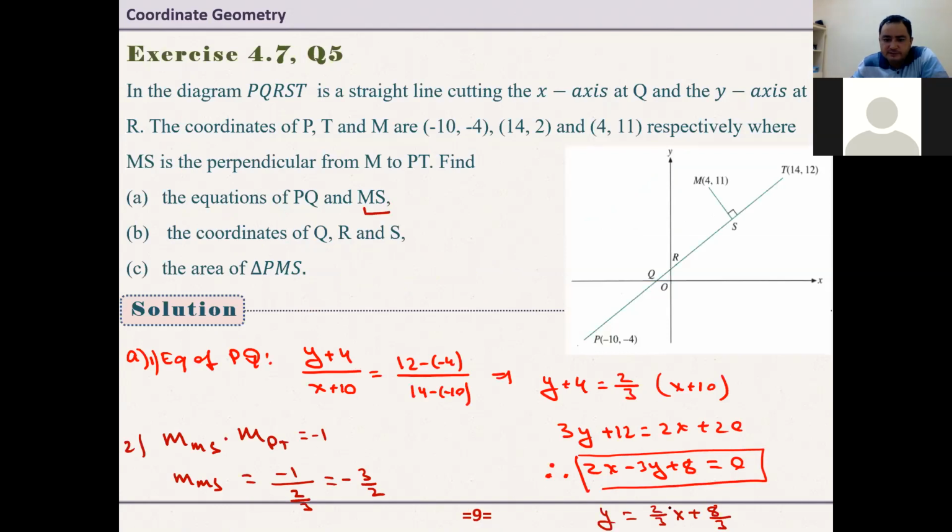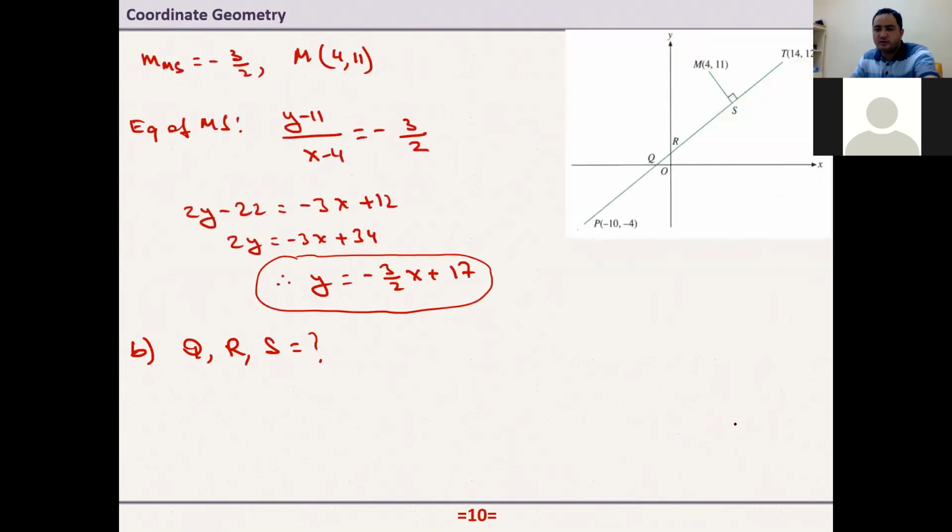Y is equal to 2 over 3 x plus 8 over 3. And the equation of this line is y equals minus 3 over 2 x plus 17. Let's just do this one by one.